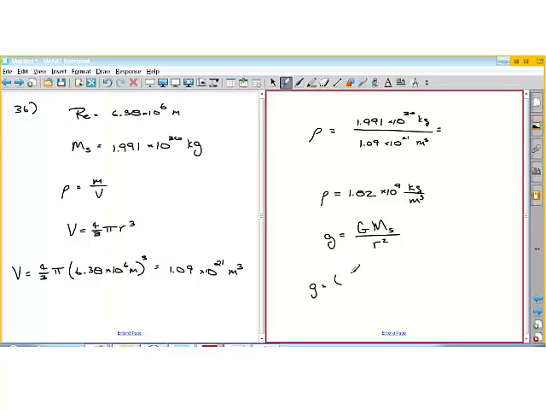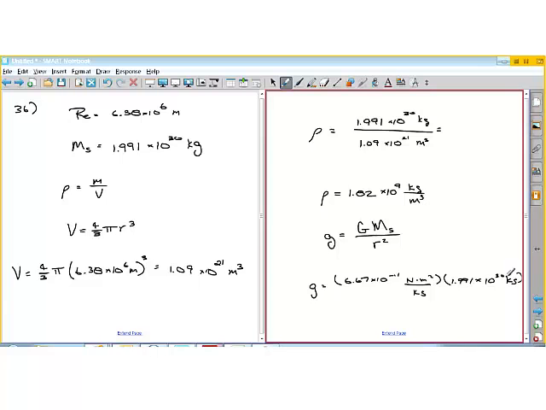So the acceleration due to gravity is g, which we get from the back of the book if we don't remember what it is, 6.67 times 10 to the minus 11th power. The units are Newton meter squared per kilogram squared, times the mass of the Sun, which is 1.991 times 10 to the 30th.